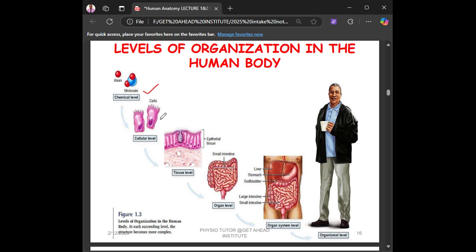Then the second level has to do with the cellular level. At the cellular level, you'll find that specialized structural and functional units are called organelles. These organelles permit all living cells to share some common functions.